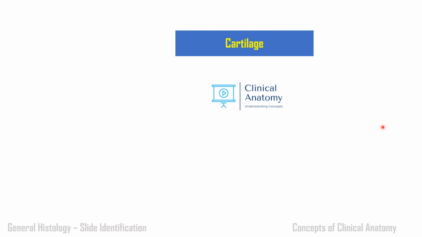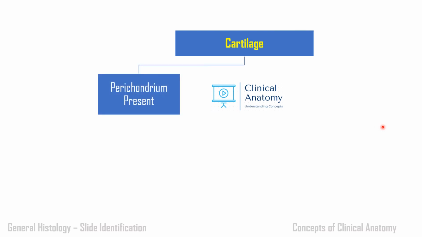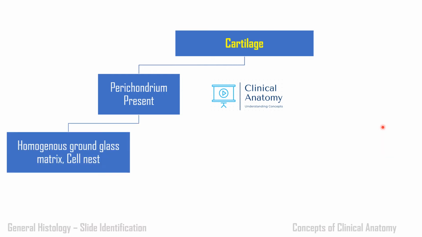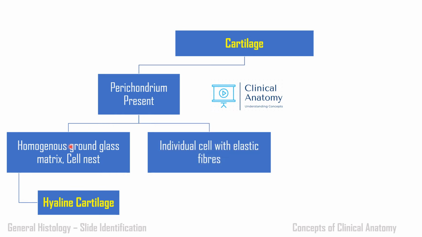When we see the cartilage, we broadly divide it into cartilage which has the perichondrium and cartilage which doesn't have the perichondrium. In the cartilage with perichondrium, if the cells are arranged in a cell nest, with flattened adjacent surfaces, and the matrix has a homogeneous ground glass appearance, then the identification is hyaline cartilage.